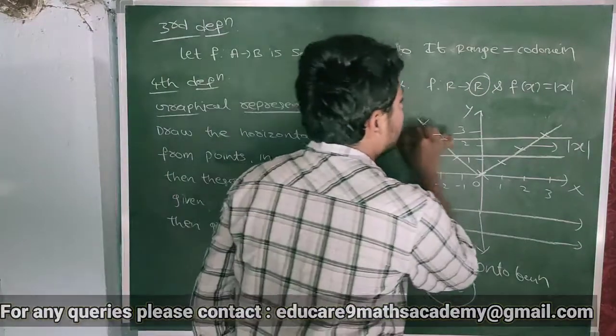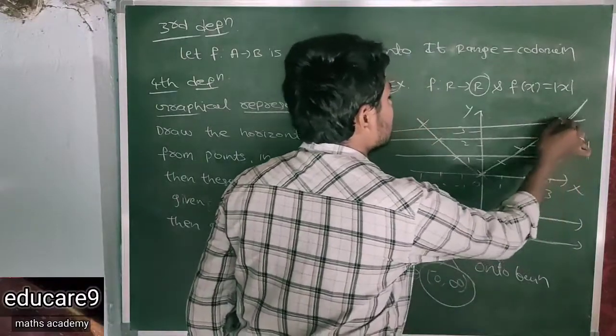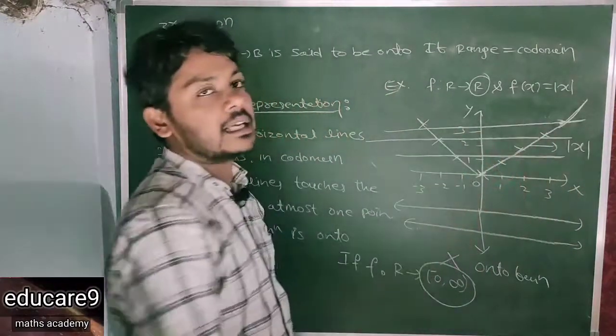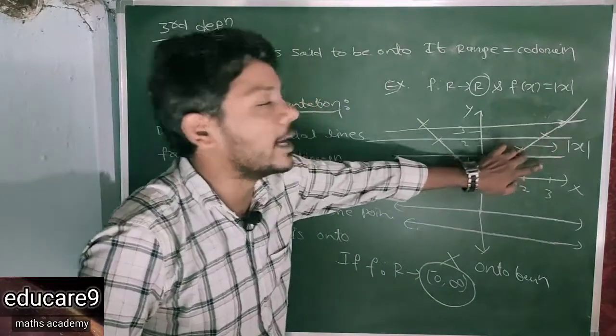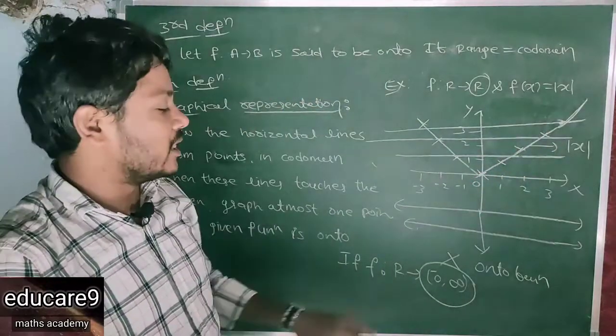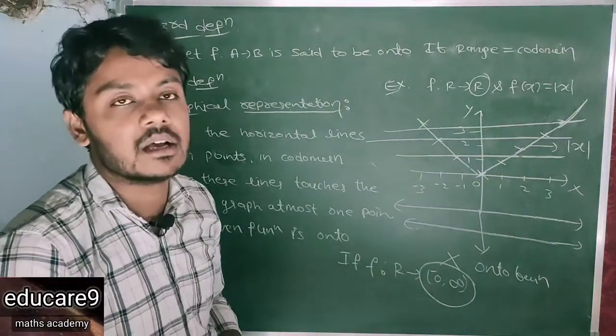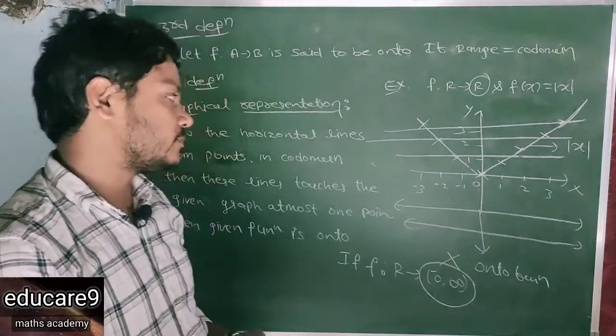Each and every line touches the given graph, so in that case, the given function is onto function. So see you in the next class.